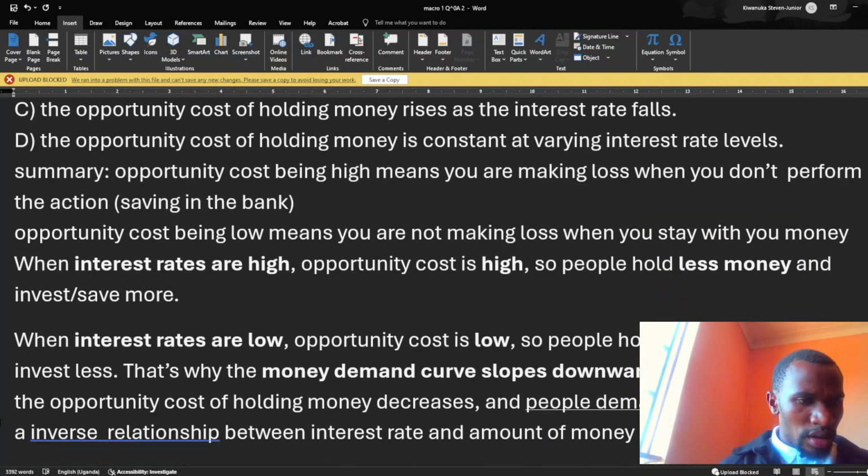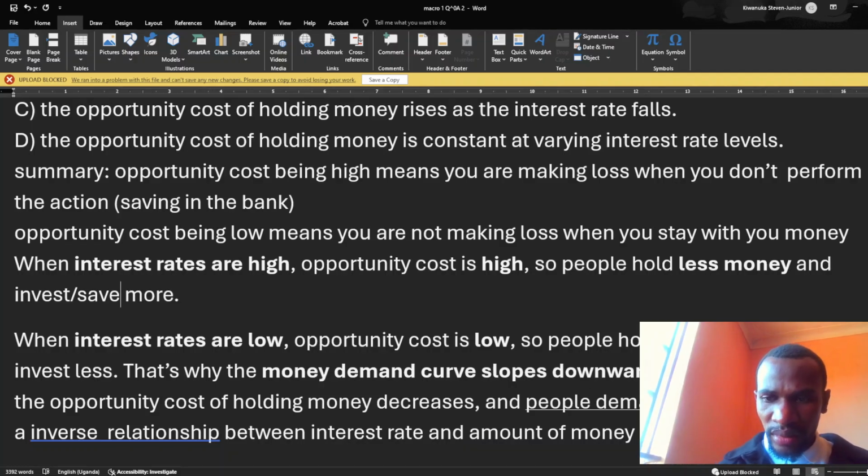When the interest rates are low, the opportunity cost is low, so people hold more money, because when you save your money you get less, since the interest rates are low. People hold more money because they will not benefit from saving it, and invest less.